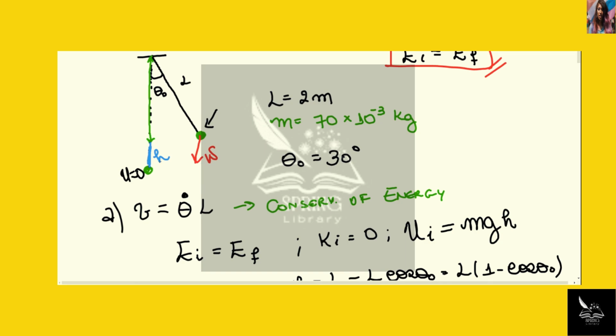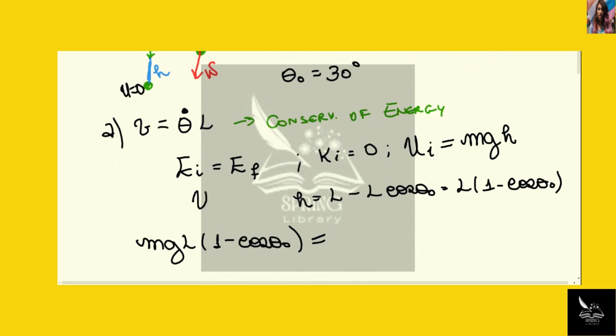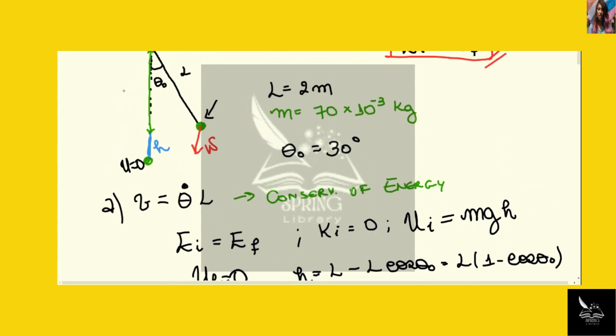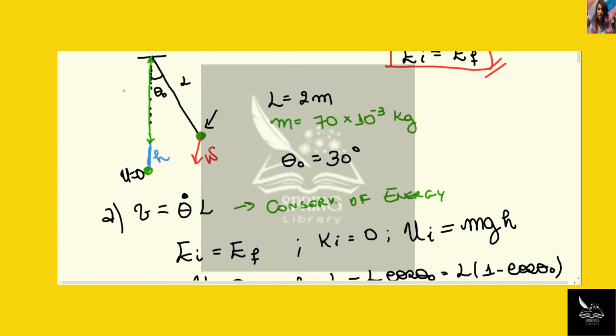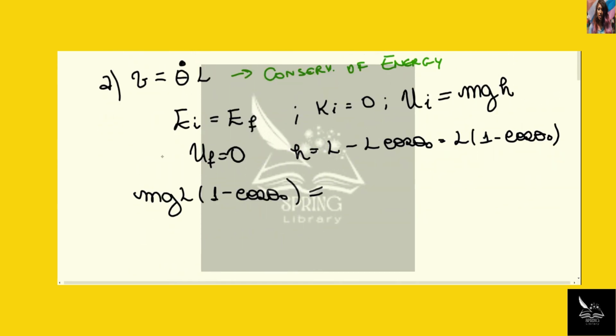And this is going to be equal to the energy when the ball is making 0 degrees. At that point, the potential energy is 0, because we set this specific point to be our zero gravitational potential point, and the only energy acting on the system is the kinetic energy.